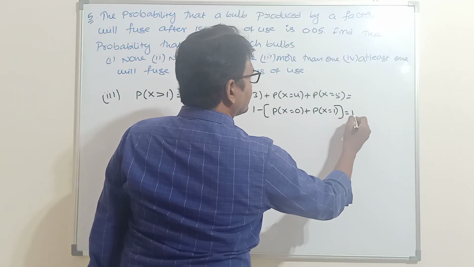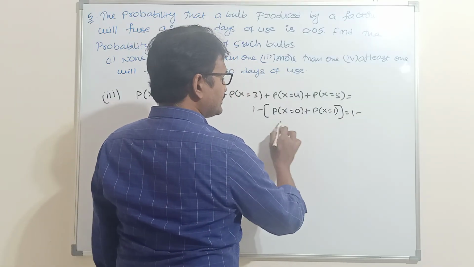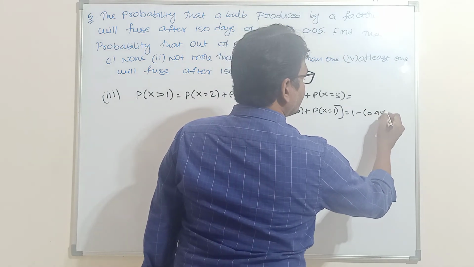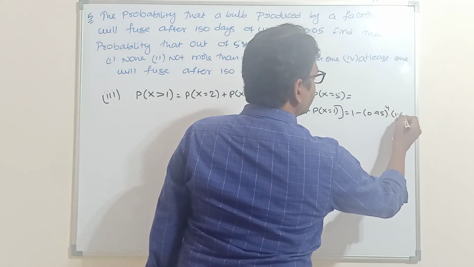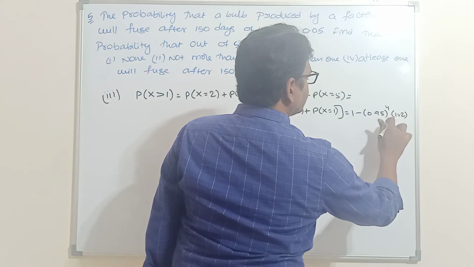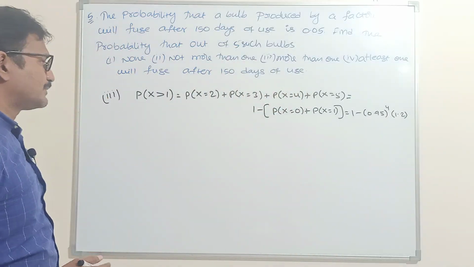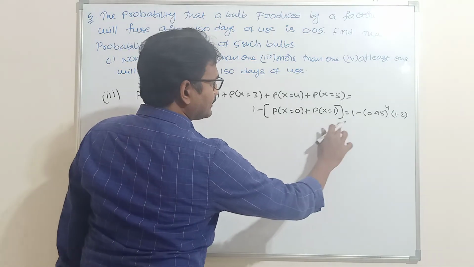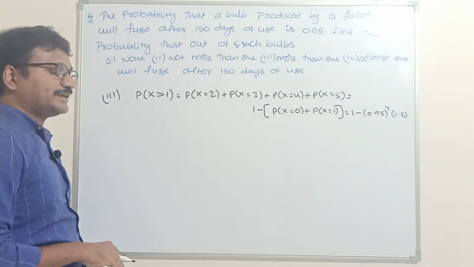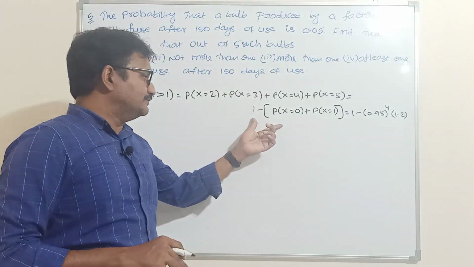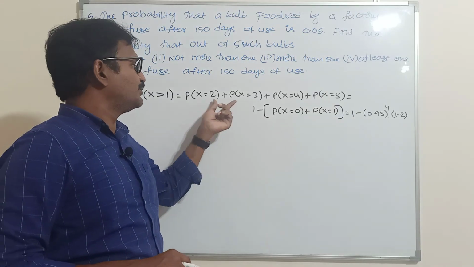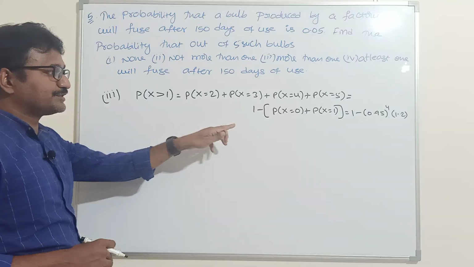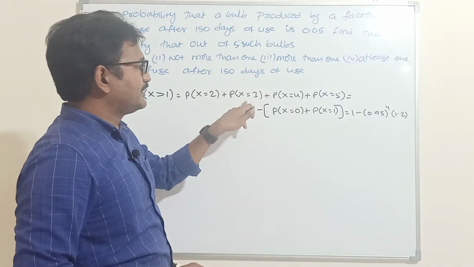How much did you get for this value in the second question? 0.95 whole power 4 into 1.2. This is the answer for the second problem. If you add all the values, it equals this. I already explained in the previous video, in binomial distribution concepts, why this value is equal to this value.